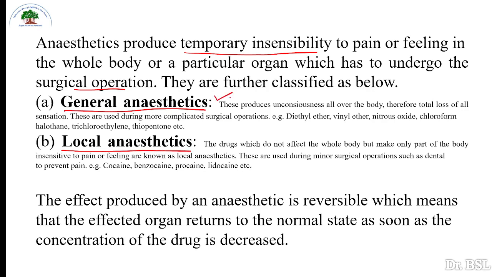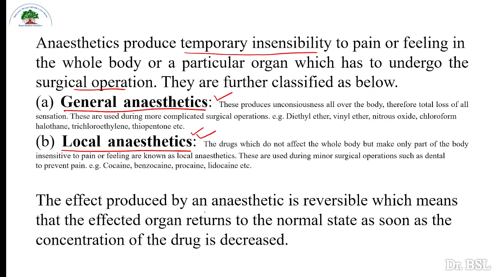In general anesthetic, whole body is under anesthesia, and in local anesthetics, the organ or the part of the body which is to be operated on by surgical operations, that part or that organ is given anesthesia, and only that organ becomes insensitive to the surgical operations, and that is known as local anesthesia.